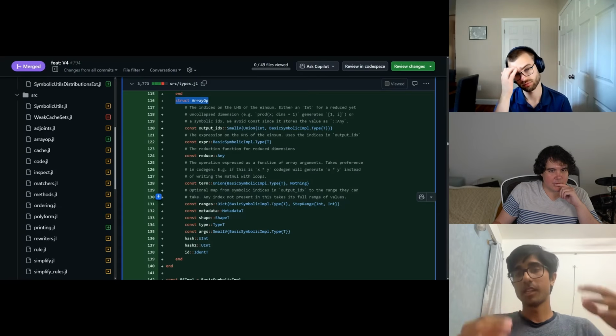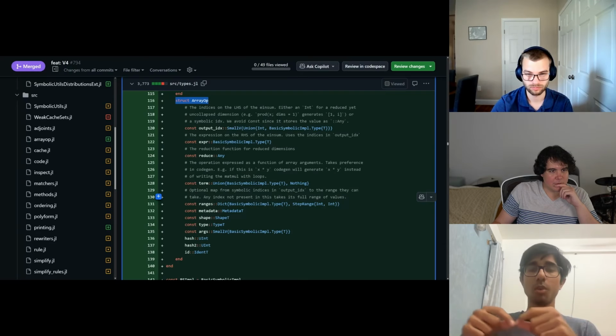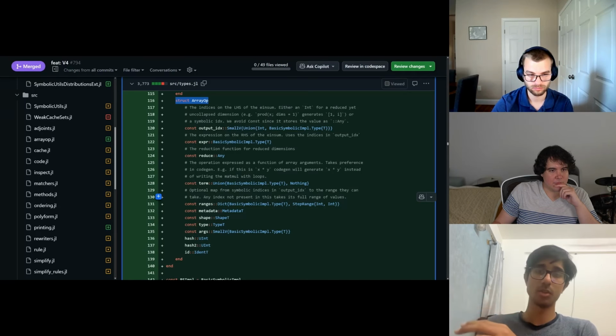And then if you try to generate code for, say, adding 1 to each element of an array, we just loop over size x comma 1 and size x comma 2, or axes x comma 1 and axes x comma 2.